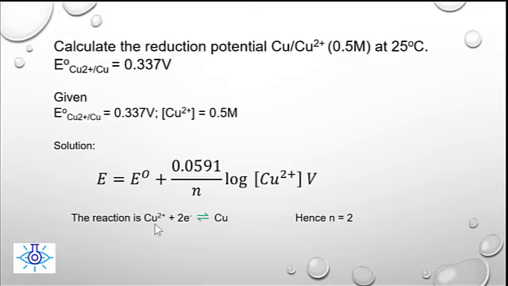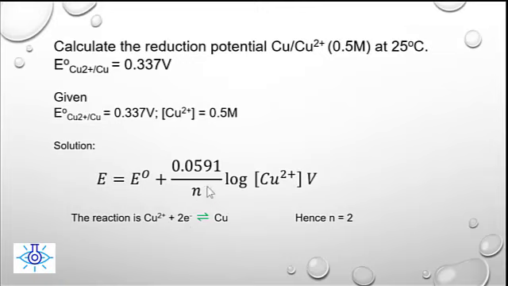The reaction can be written as Cu2+ + 2e- gives Cu. This is the reduction reaction. Any reduction reaction will involve addition of electrons. So the ion, when accepting 2 electrons, forms copper metal, so the number of electrons n is 2.